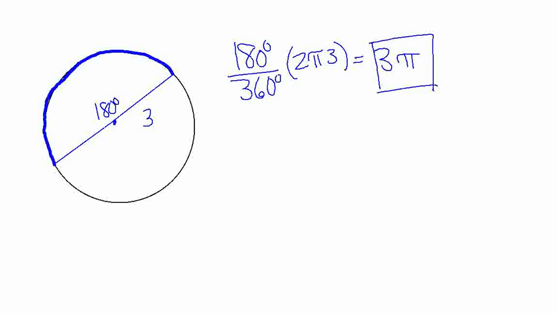So there you have it. Now, let me have you do an example. Suppose that I had a circle with a radius of 10, and I wanted to know the length of an arc on that circle with a corresponding central angle measure of 90 degrees. All right, pause the video and try to calculate that arc length, please.